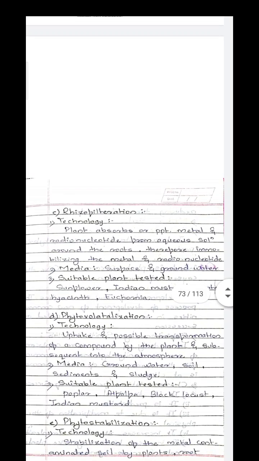There are also different plants which are helpful in phytoextraction. Then third is the rhizofiltration. In rhizofiltration, the plants absorb metals and radionucleotides, and they immobilize these metals and radionucleotides, mostly in surface as well as groundwater.